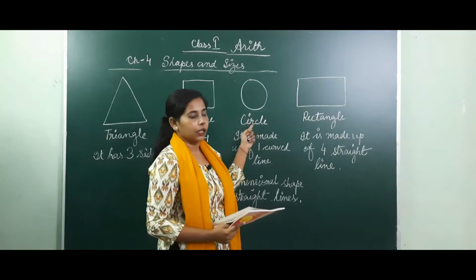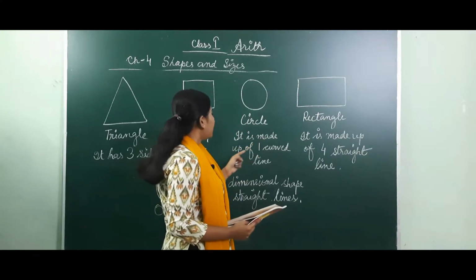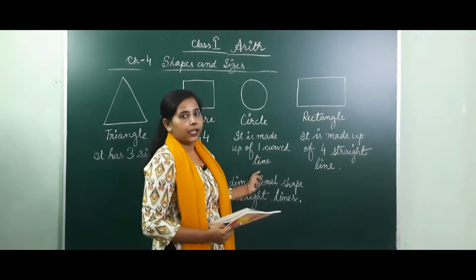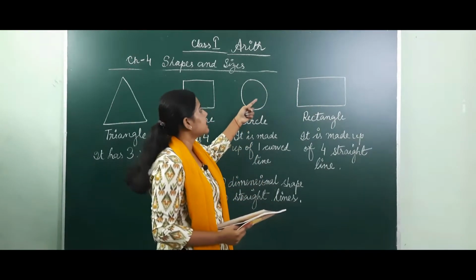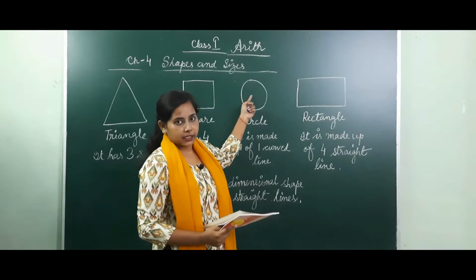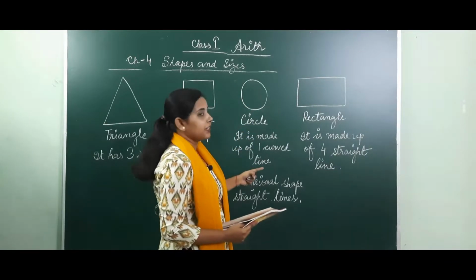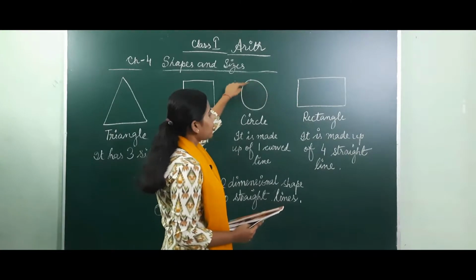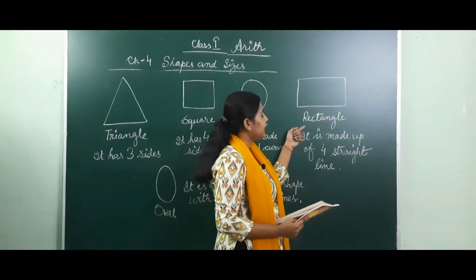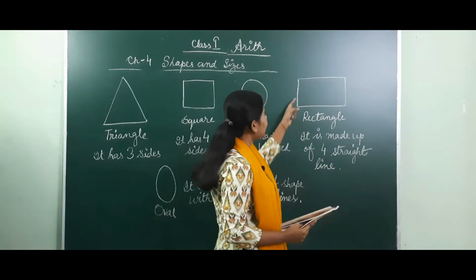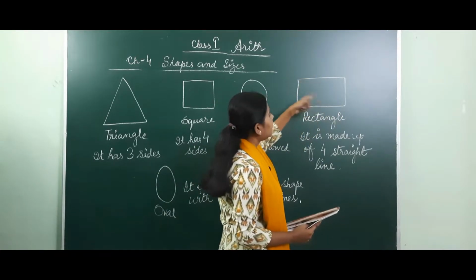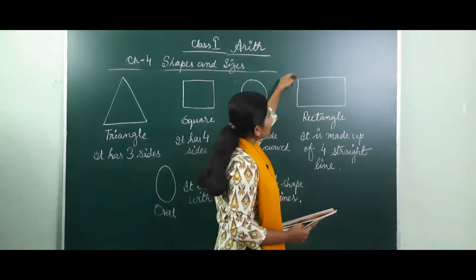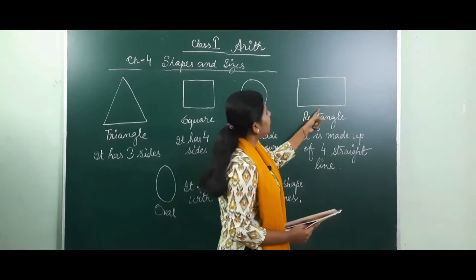Next, circle. It is made up of one curved line. This is not made up of a straight line. This is a curved line, not straight. Next, rectangle. It is also made up of 4 straight lines. These 2 sides are known as length and these sides are known as breadth. 1, 2, 3, 4.